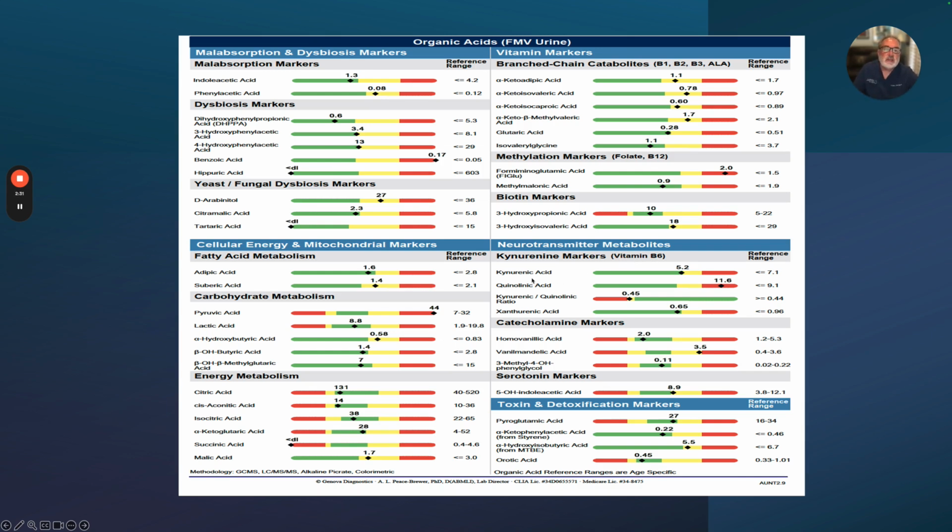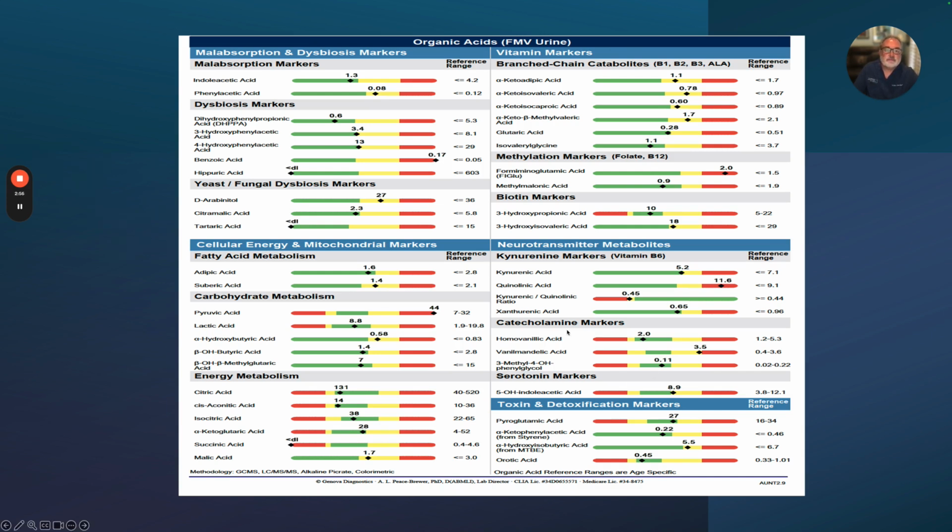What we're seeing here is this patient is deficient in some B6, and you need B6 to make the neurotransmitters. They're also very high in what we call quinolinic acid, which is a marker that shows there is a lot of brain inflammation, and this is actually not good. So this has to be reversed for sure.